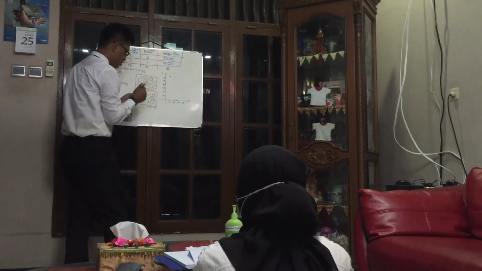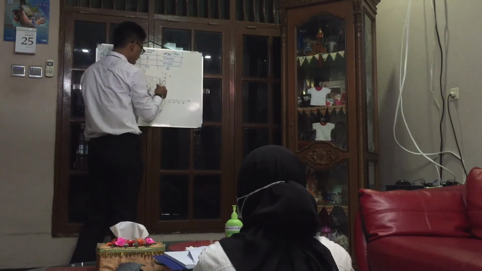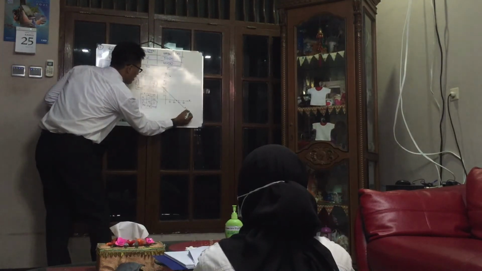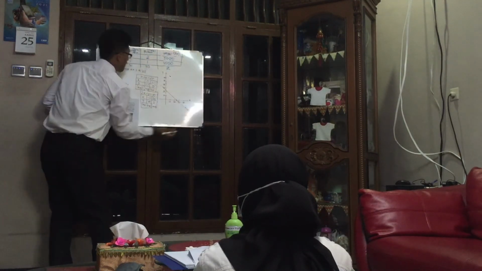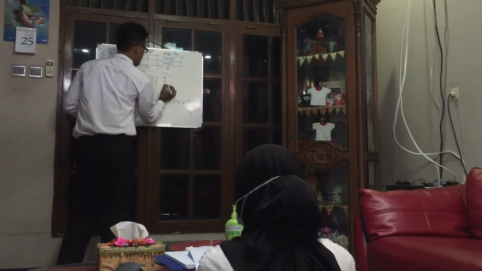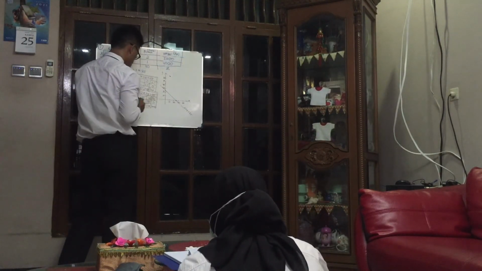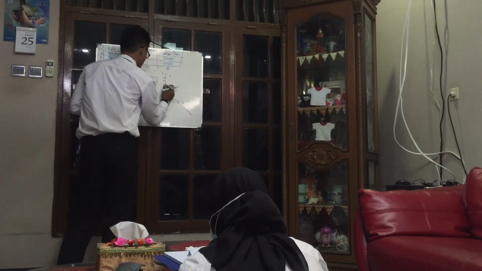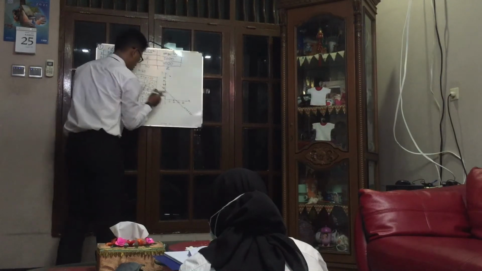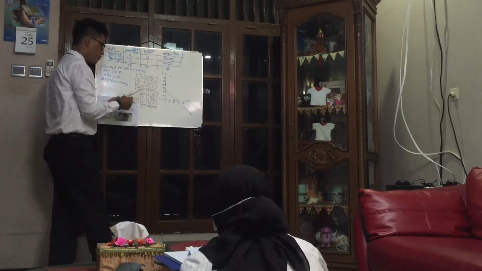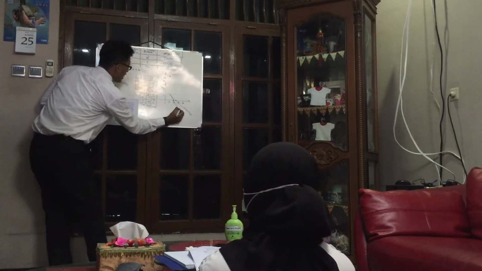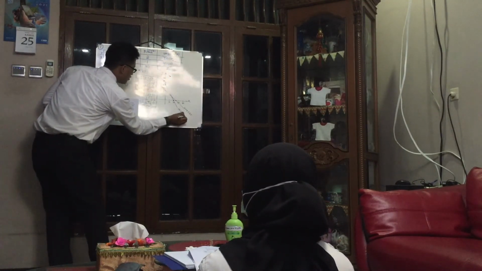We have 2 points, so we make a line. We write it as x plus y less than or equal to 25. Then we have 0, 40 here and 20, 0 here. We have 2 points, so we make a line. We write it as 2x plus y less than or equal to 40.